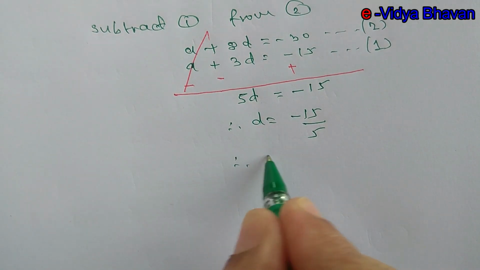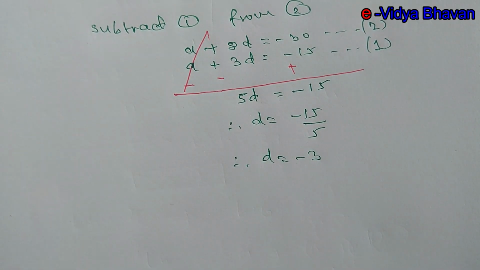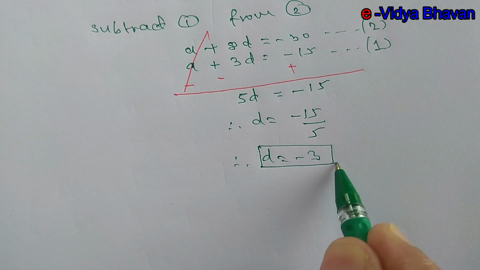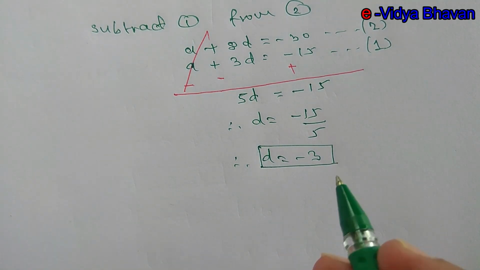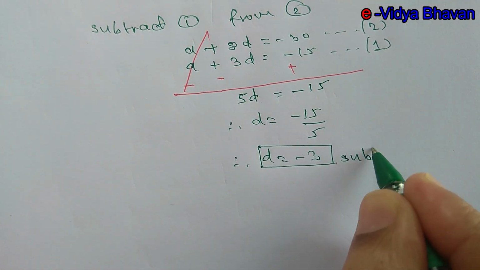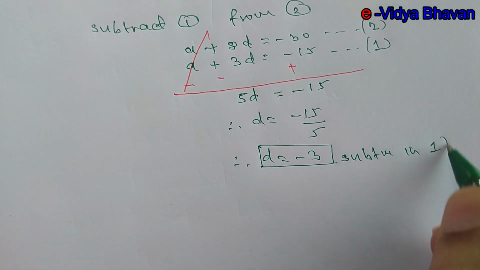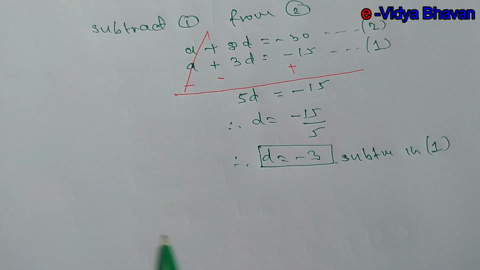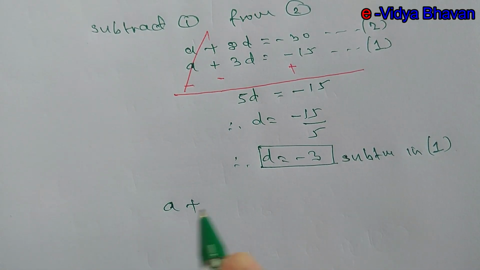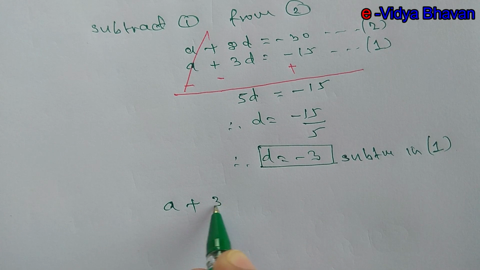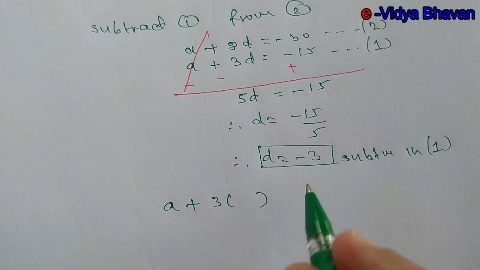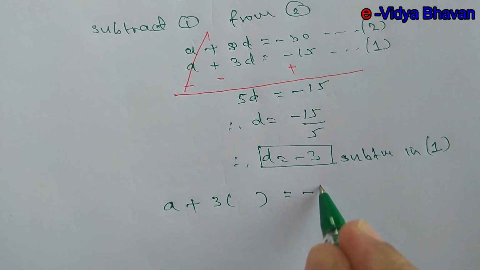That is, d will be giving you minus 3. So you got the value of d, that is common difference. Now, substitute in equation 1, that is first equation. A plus 3d, 3 into d equal to minus 15.